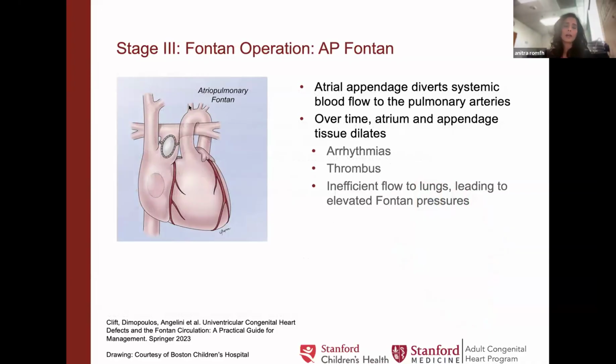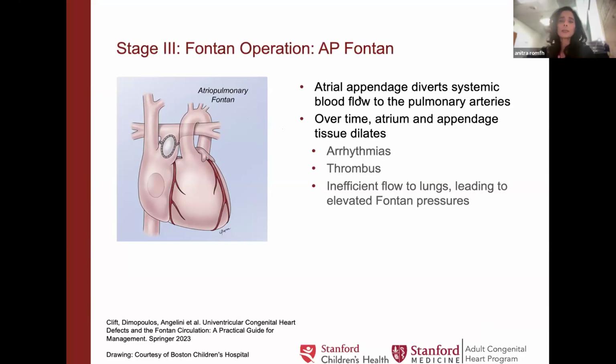Okay, now that we've talked about those 2 staged palliations, we come to the idea of a Fontan. And there are different flavors of Fontan. Atrial Fontan is the oldest that we may see floating around in our adult clinics nowadays. With this palliation, the idea was, what do we do with the IVC blood?